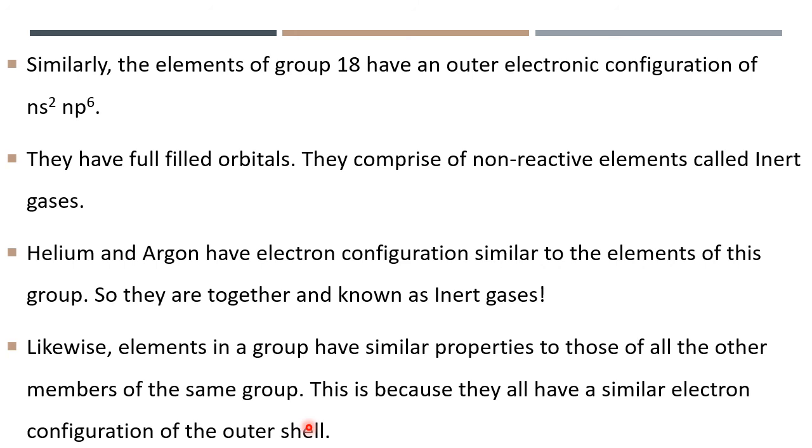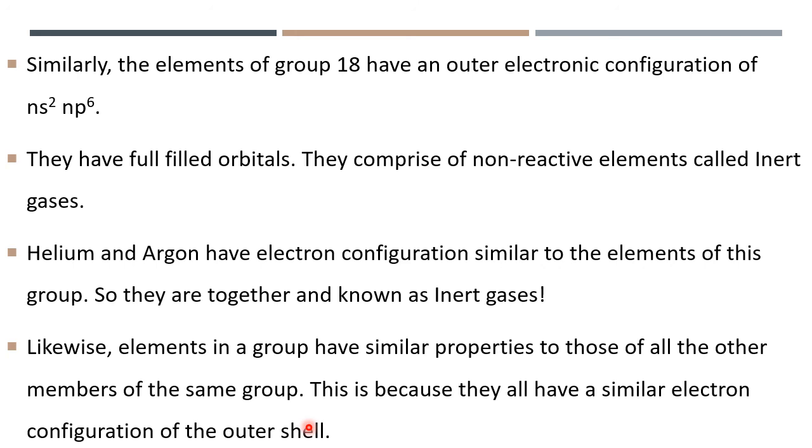Electrons present in the outermost shell are called outermost electrons or valence electrons. Why is the word valence given? Because valency is defined as the combining capacity of an element. With what capacity is it combining? It depends upon the electronic arrangement it has.